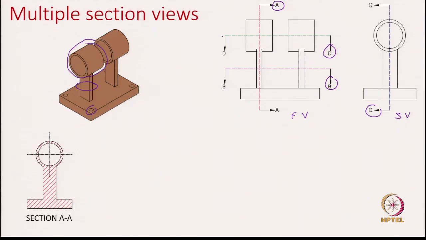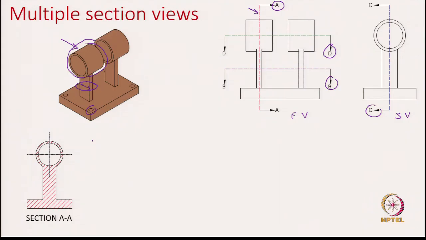So, once you are looking at this particular cut line, you get to see the inner details, like the thickness of this circular rim, and the width of this feature and other details like that.